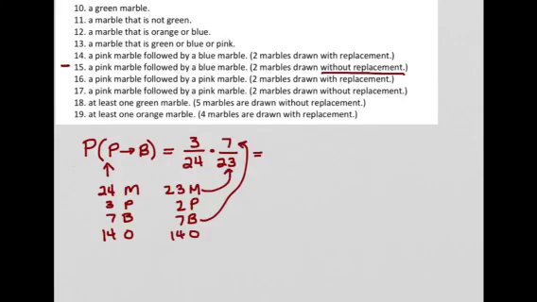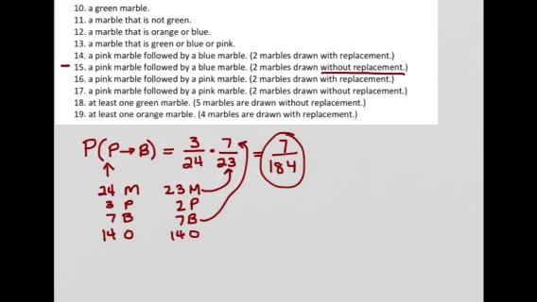And when we do that, that's going to turn out to be 7 over 184, I think that's right. So 7 over 184 would be our final answer for that.